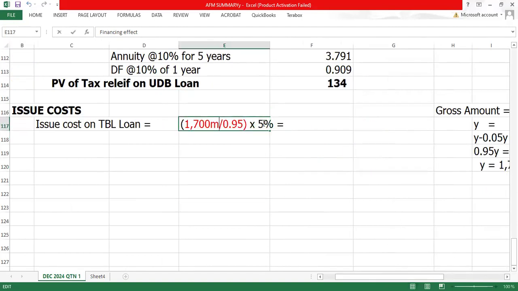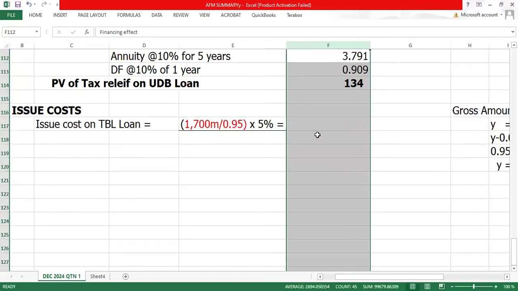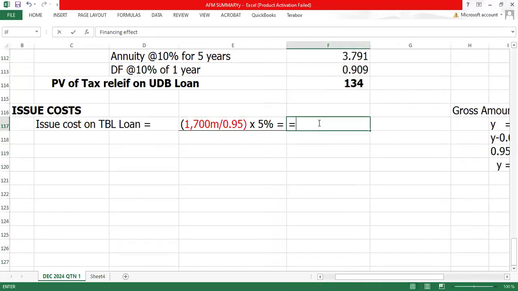So what will be your issue cost? This will be 1,700 divided by 0.95 times 5%.